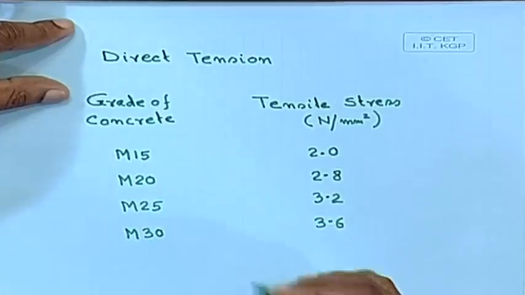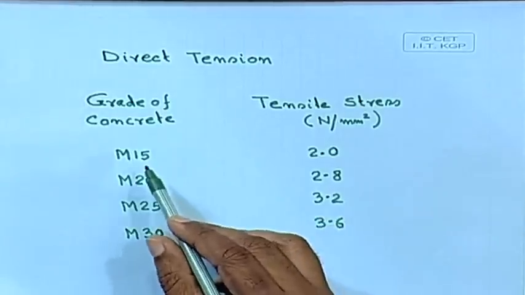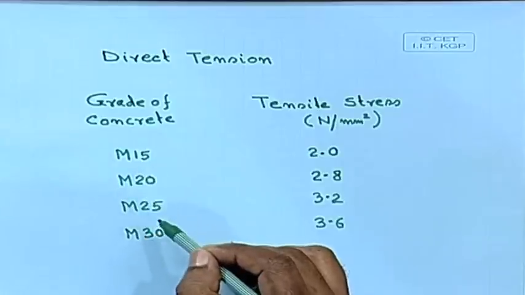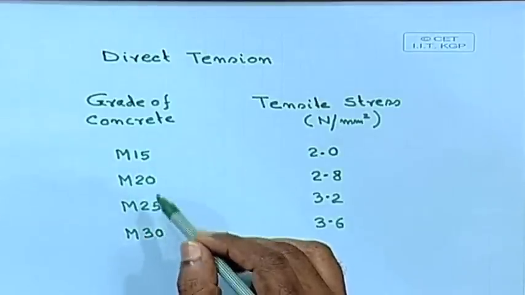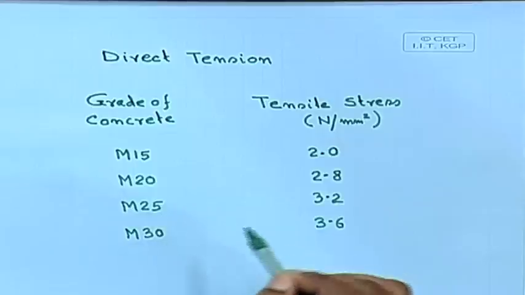There are many others, but we shall consider M15, M20, M25, M30. Generally, we consider RCC of M20 and M25.